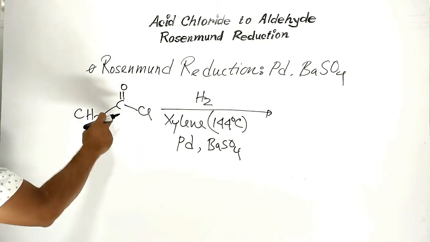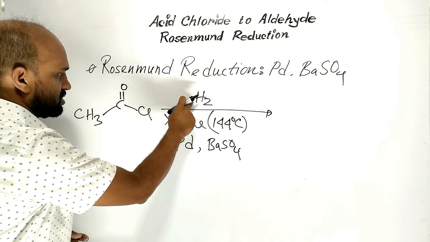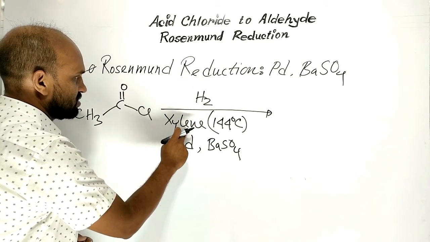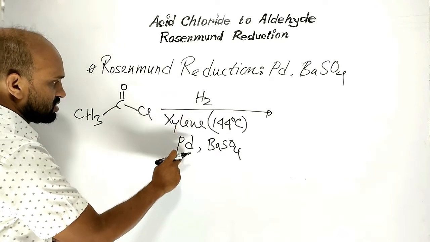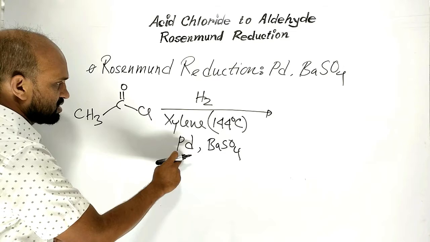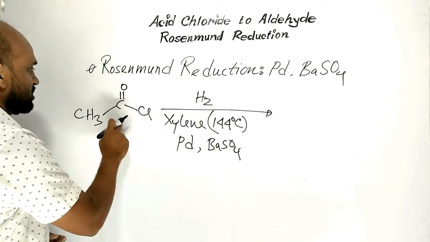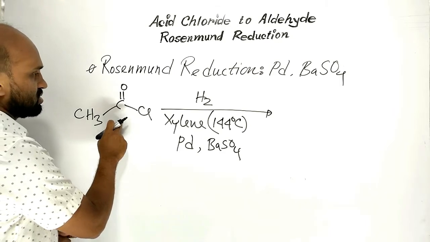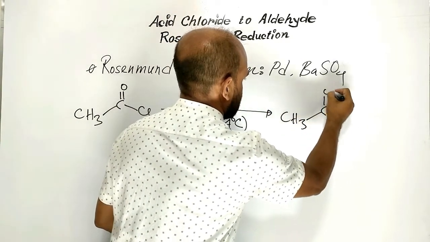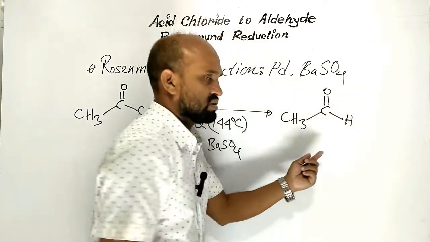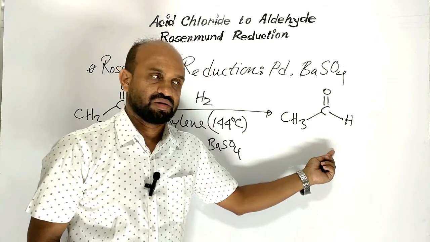When this acid chloride is treated with hydrogen in presence of boiling xylene, which is used as solvent, and in presence of catalyst palladium and catalyst poison barium sulfate, then this acetyl chloride converts to aldehyde, that is ethanol or acetaldehyde.